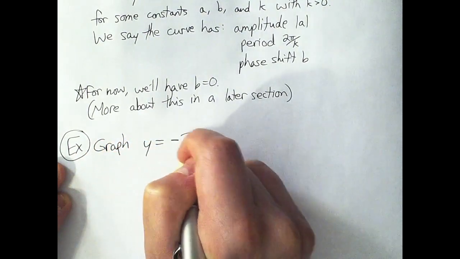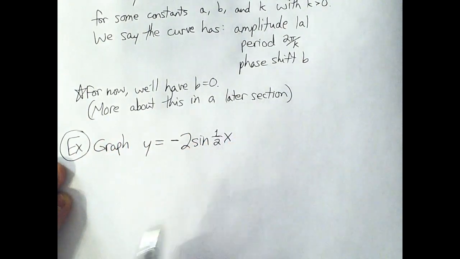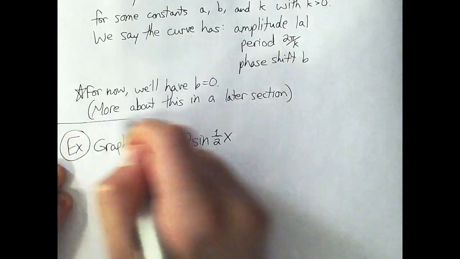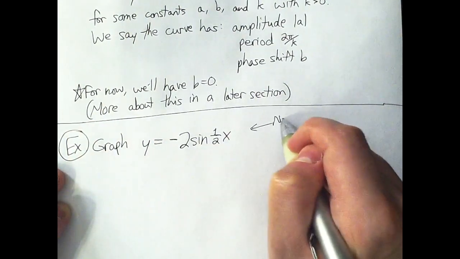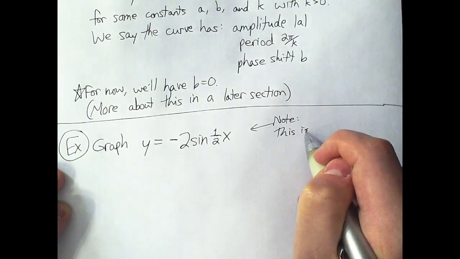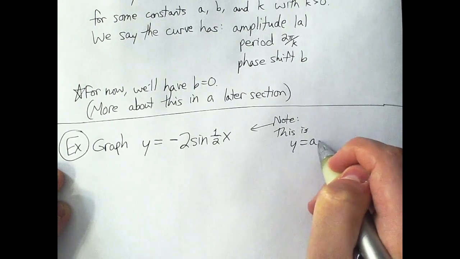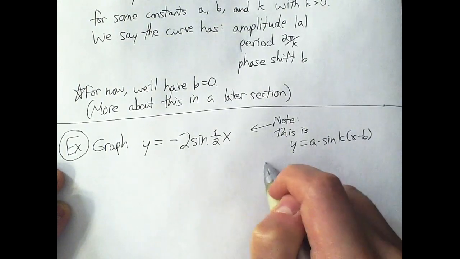We're going to do -2 sine of 1/2 x. I'm going to talk us through this, but I will say, note, this is y equals a times sine of (k x minus b).